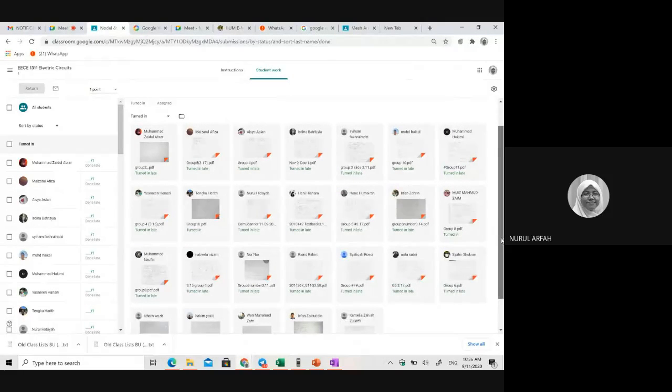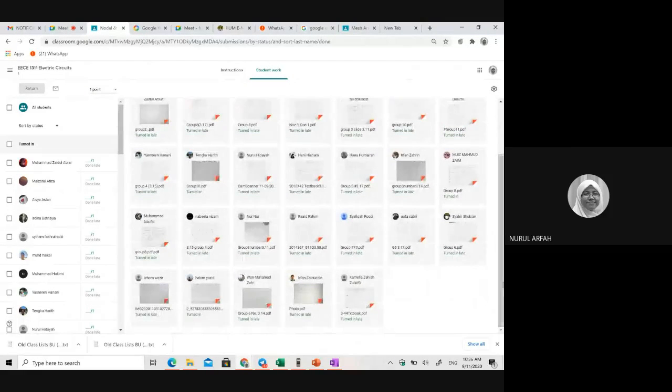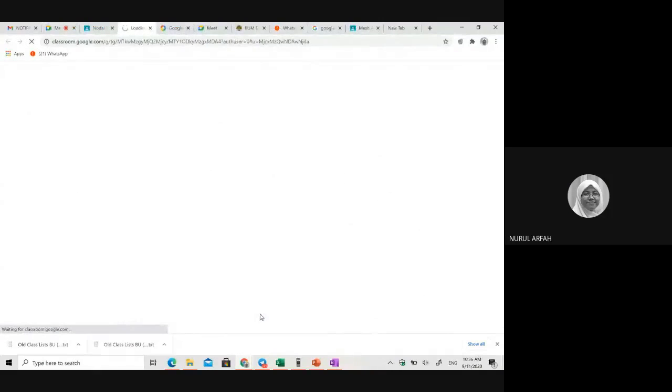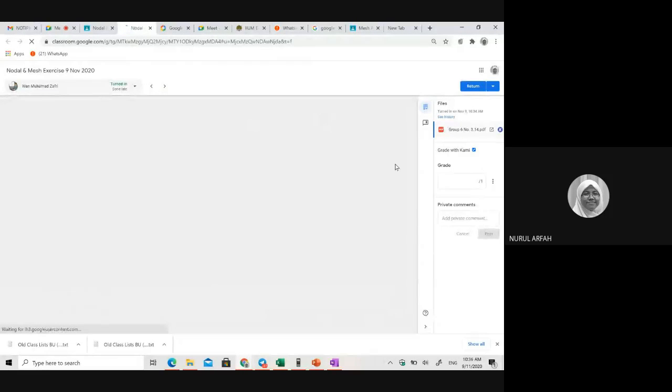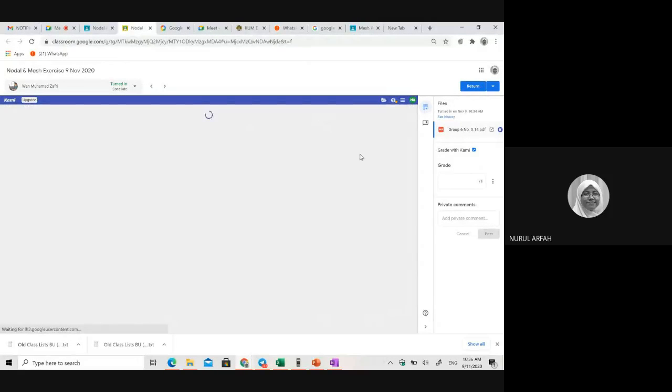Group number 1 tak follow instruction. This one group number? Izham? Sangkut, madam. Six, madam. Sangkut. 6 first. Okay, group 6. Cepat je group 6. Ikut turutan lah.